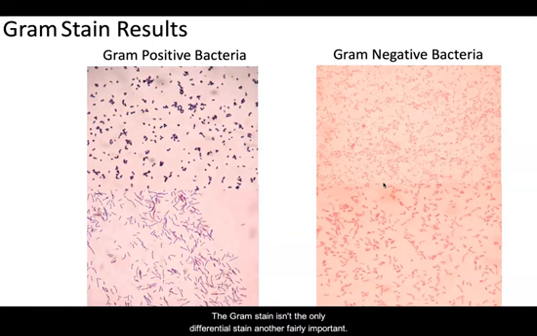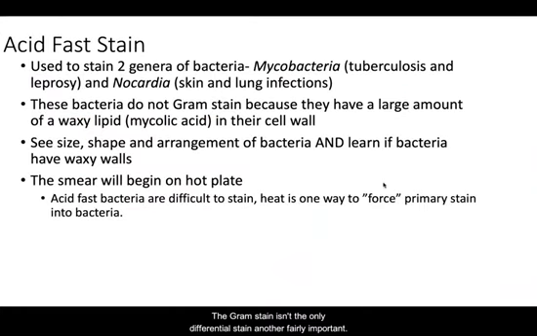The gram stain isn't the only differential stain. Another fairly important differential stain is called the acid-fast stain. And so this is used really to identify a genus, Mycobacterium, which is a genus of bacteria, and Nocardia is a separate genus.